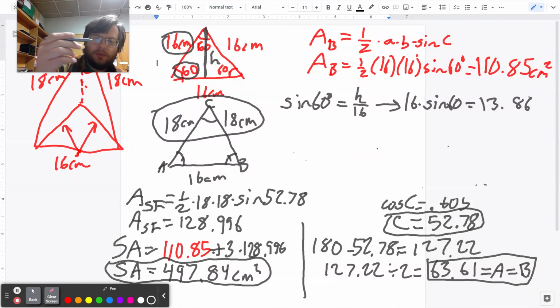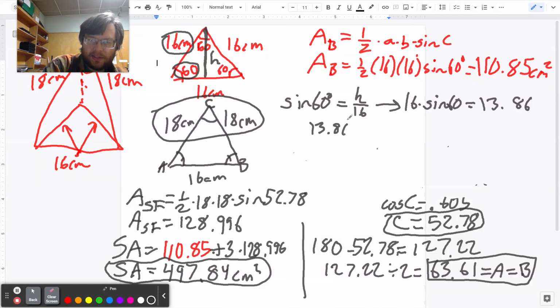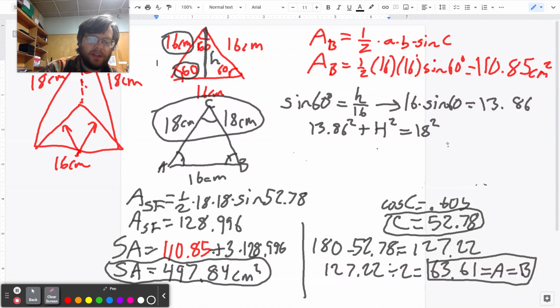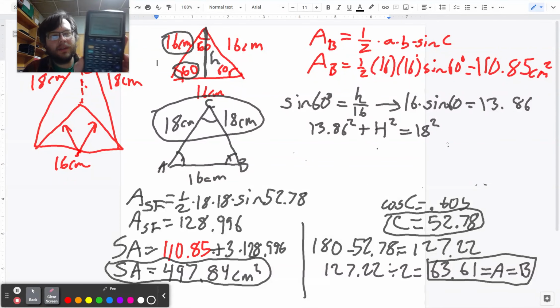Then that's one of the legs, and 18 is the hypotenuse. So we have 13.86 squared plus big H, that's the true height, equals 18 squared. So I'm going to go 18 squared minus the number I just found squared. That gives me, that's really nice, it worked out so nicely. It gives me exactly 132.